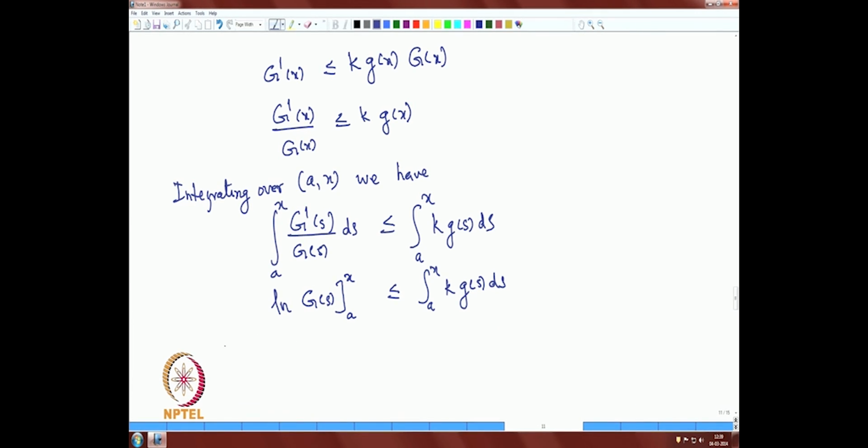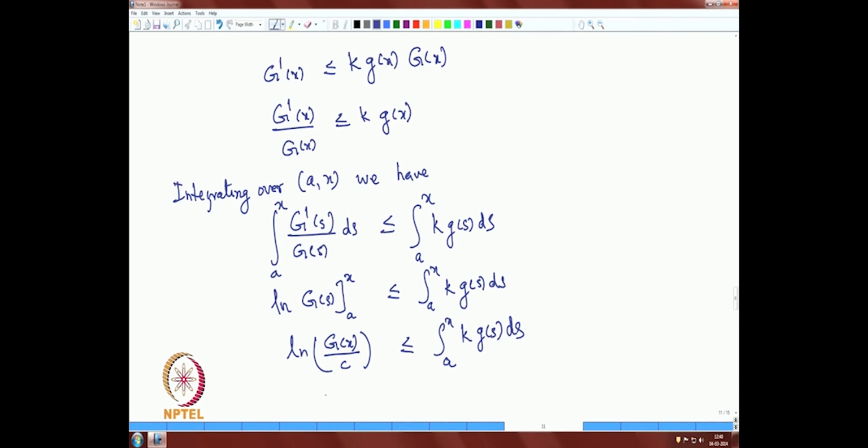So, since G(s) at a is c, this is ln of G(x) divided by c, less than or equal to integral a to x of k g(s) ds.